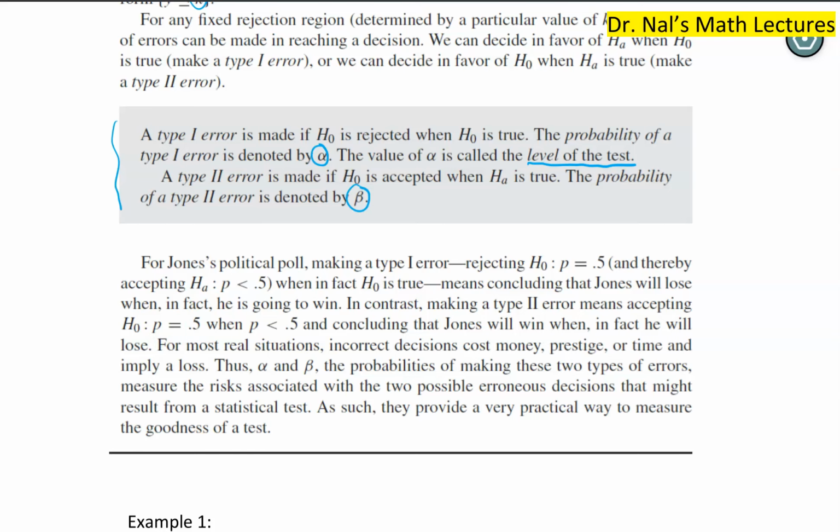In contrast, making a type 2 error means accepting the null hypothesis when actually p is less than 0.5, and concluding that Jones will win when in fact he will lose.